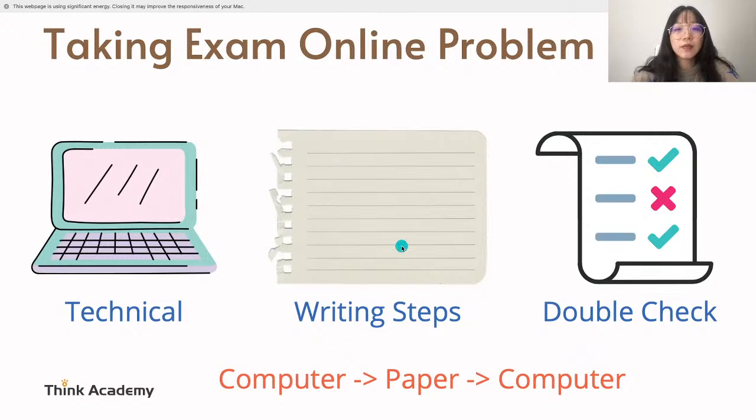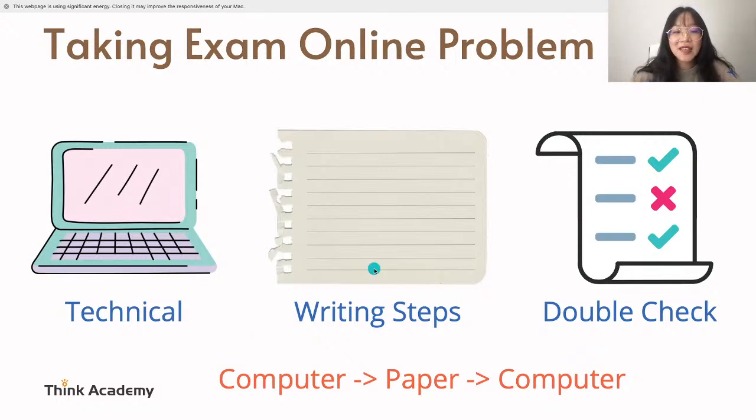And second is about writing down the steps. When you see a question, it doesn't pop out like when you're taking it on paper. It goes question by question. So you have to read the problem on your computer, and the student has to analyze what the most important thing happening is. They also have to copy it down, or if they don't have the habit of writing down steps, they probably just do all the calculation in their head and randomly select an answer.